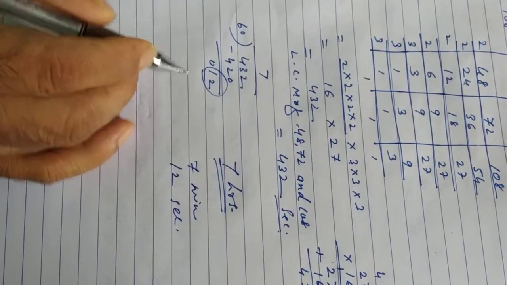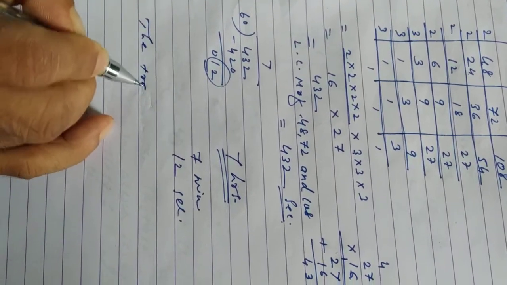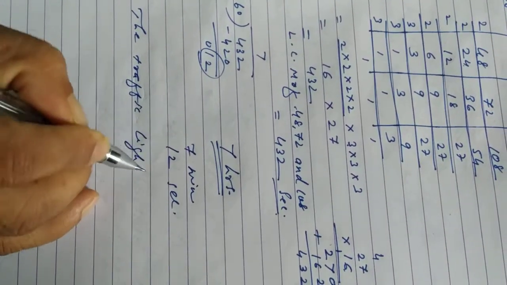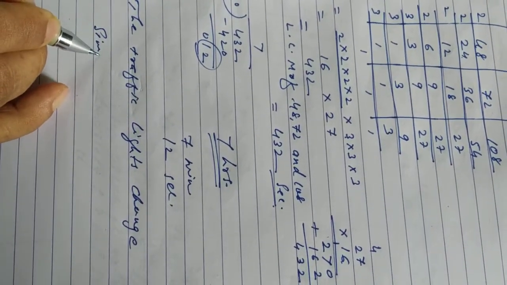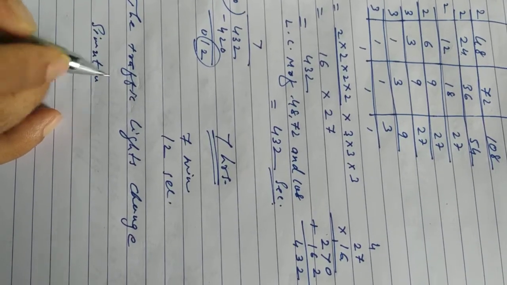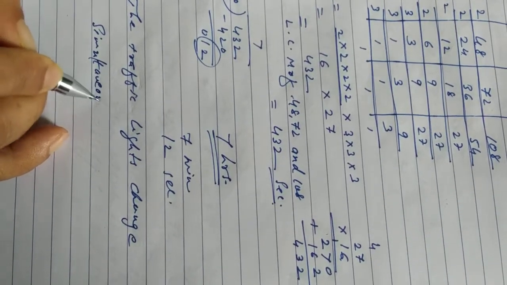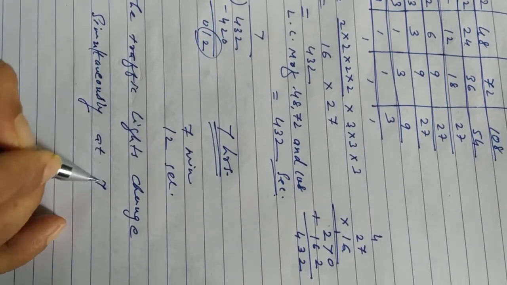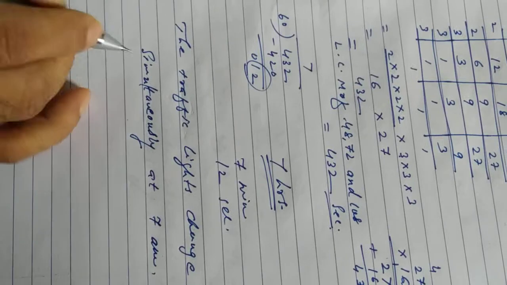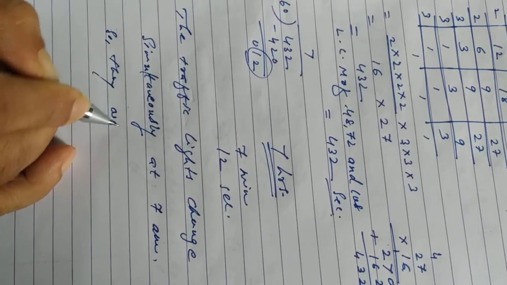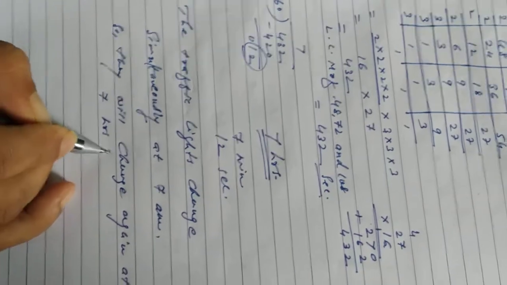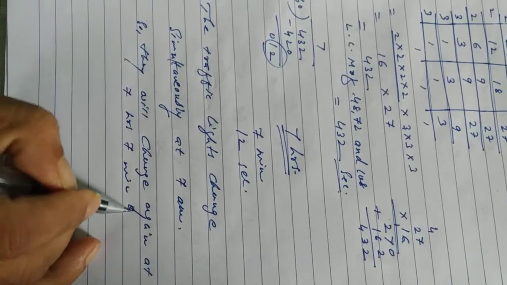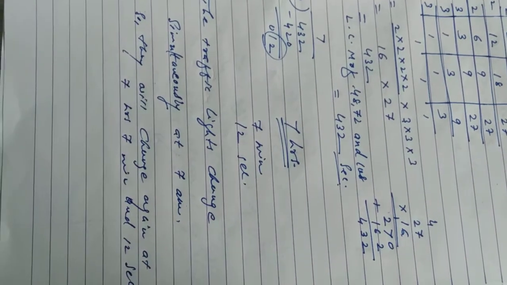So the traffic lights change simultaneously at 7 a.m., and they will change again at 7 hours, 7 minutes and 12 seconds.